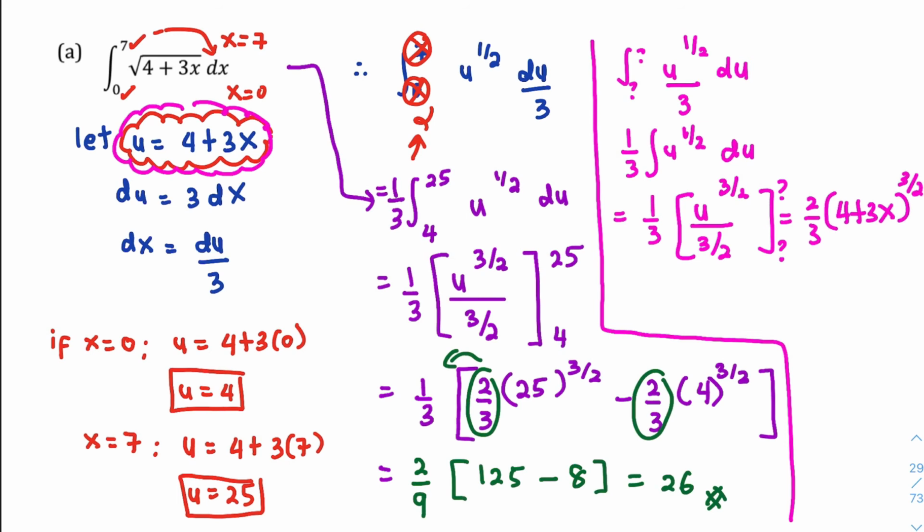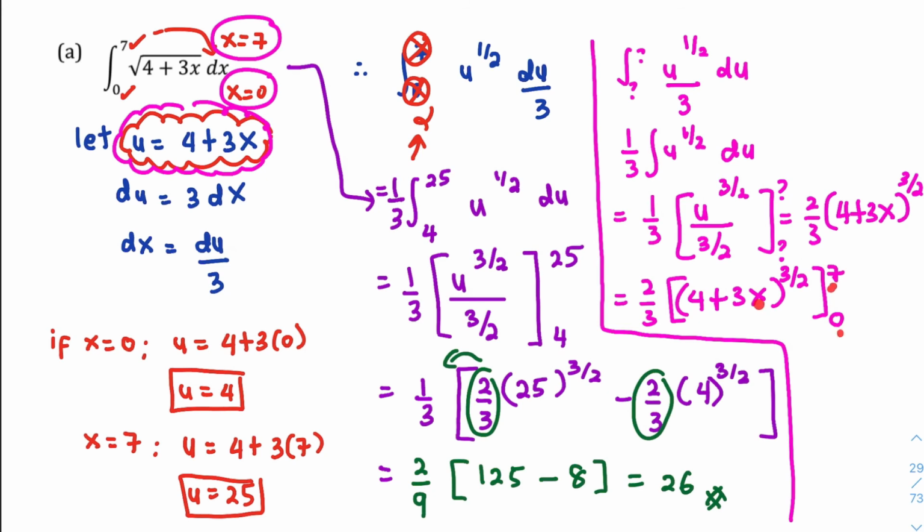I don't have enough space over there. So this is 2/3 times 4 plus 3x to the power of 3 over 2, evaluated from x equals 0 to 7. Substitute the upper boundary minus the lower. With 7, you get 3 times 7, which is 21, and 21 plus 4 is 25.